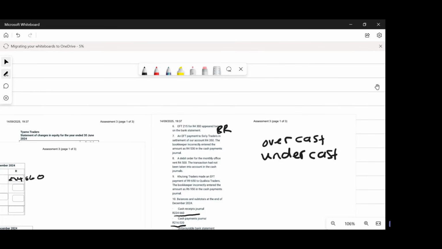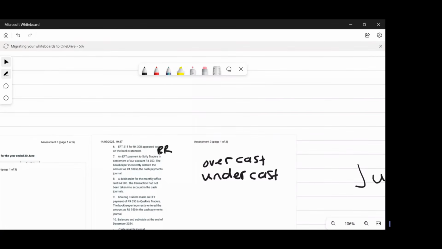Okay. So if it's an overcast, you record it on the opposite journal. So if this error is an EFT payment, it was a cash payment journal, right? Yes. We were supposed to pay 4,350, but our bookkeeper mistakenly recorded 4,530, which means there's a balance of 4,530 minus 4,350 of 180 that is more, which means our bank is less 180.